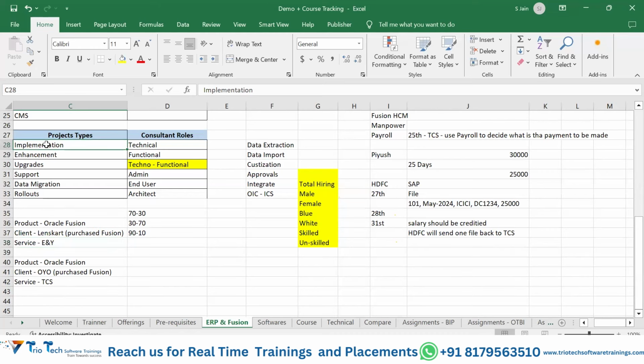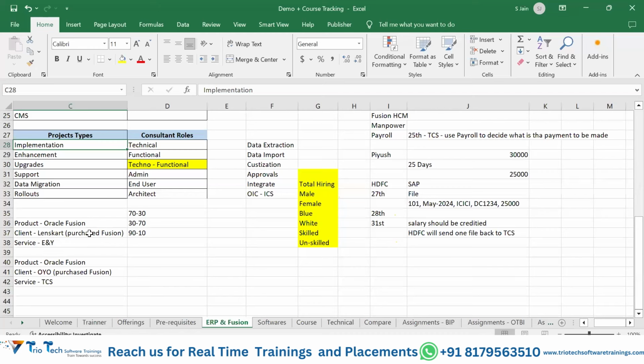After 6 months, Lenskart has gone live and started using the system. But after using this software for 3 months, they identified that they definitely need 10 more features. They need an enhancement to their implementation. The features which they did not describe in the initial scope, they want those features to be enabled and configured. That is called enhancement projects.